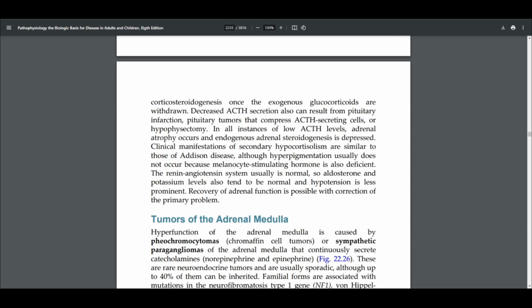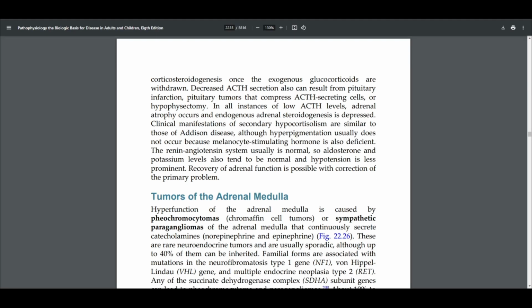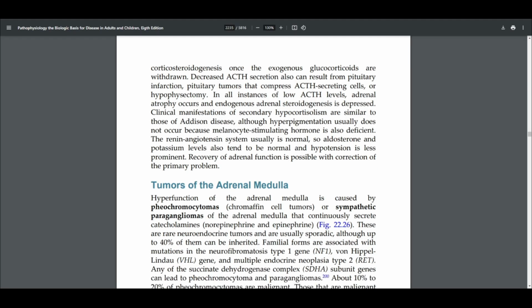Once the exogenous glucocorticoids are withdrawn, decreased ACTH secretion also can result from pituitary infarction, pituitary tumors that compress ACTH-secreting cells, or hypophysectomy. In all instances of low ACTH levels, adrenal atrophy occurs and endogenous adrenal steroidogenesis is depressed.